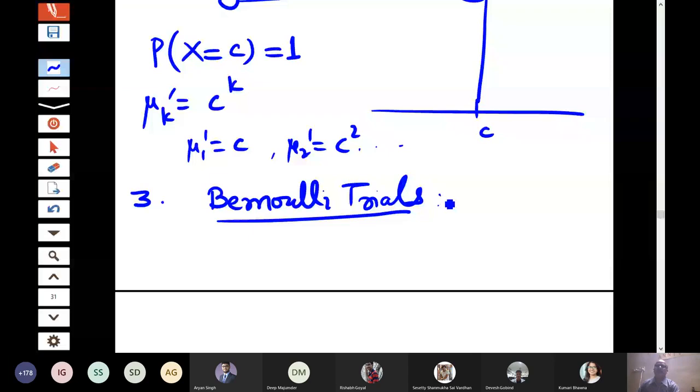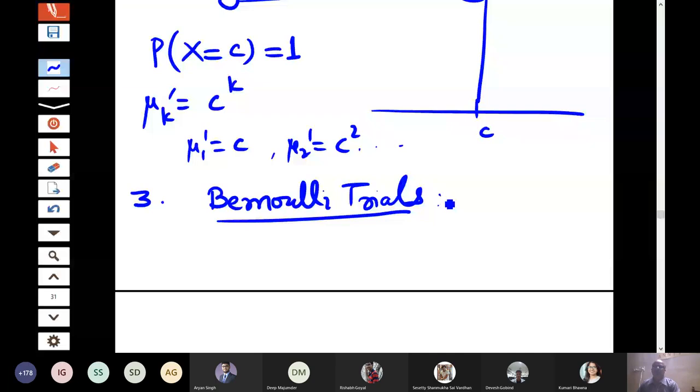Suppose you assign A and B as a good grade, and if you get C, D and so on below B, then you say it's a bad grade. Any student who is doing this course will get a good grade or a bad grade. Similarly, if you take a certain medicine, the medicine may have a positive effect or a negative effect, or may not be having any positive effect.